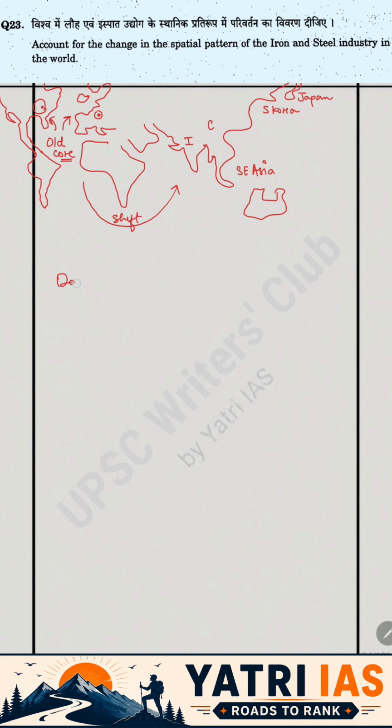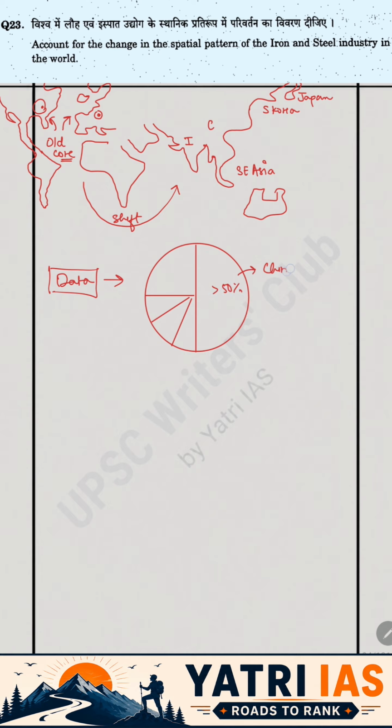Let me tell you certain data as well. So more than 50% of steel production is done by China. So this shows a huge shift. And 25% is by others. And a major chunk of 8% by India.